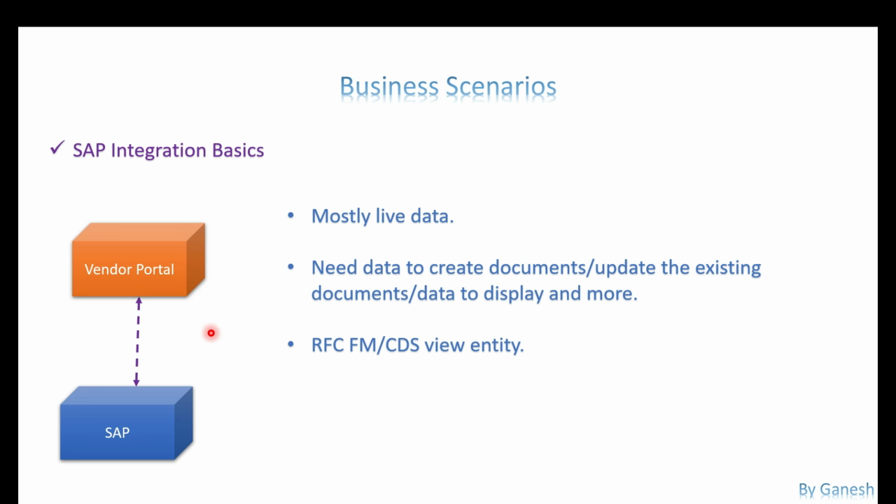Any portal needs to communicate with SAP integration. Yes, and if it's live data, we call it a synchronous process. So whenever there is information or whenever there is an error, it will immediately reflect on the portal side. Instead of a file, where if there is any error, we have to create a file, and we have to notify the person that there is an error in your file. Then they will read it.